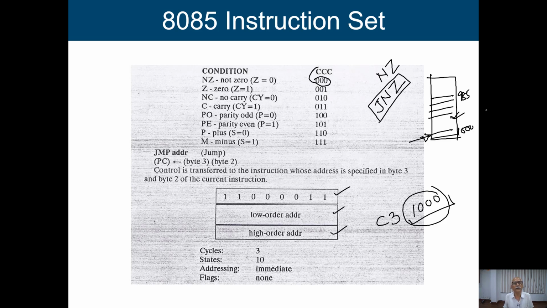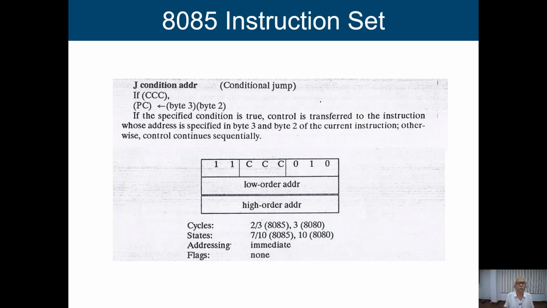Like that, we can design 8 different conditional branch instructions depending on those particular codes. So this is the format: jump, condition, then address. Again, this is a 3-byte instruction. Now depending on the condition code, say if it is 000, then what will happen? I am going to get C2.